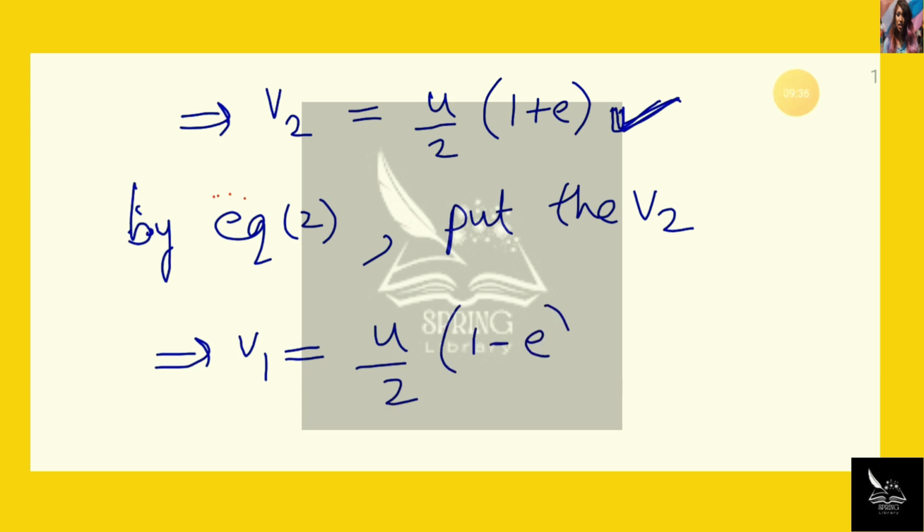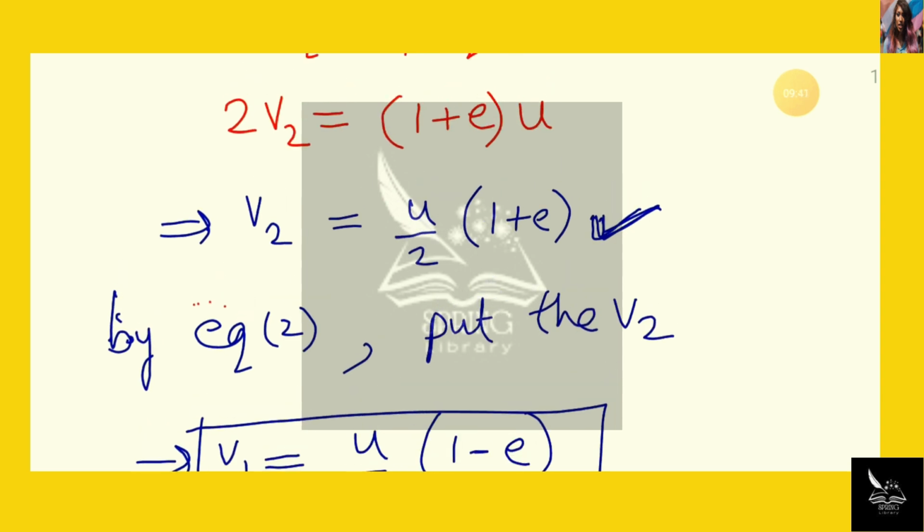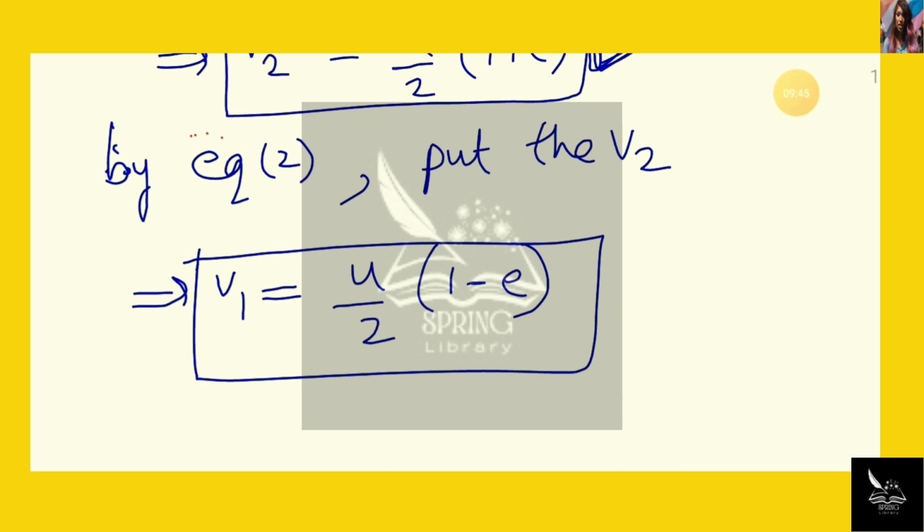So here I have got the equation for velocity v2 in the above step, and in this step I have got the equation for velocity v1.